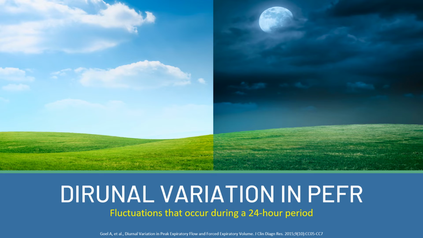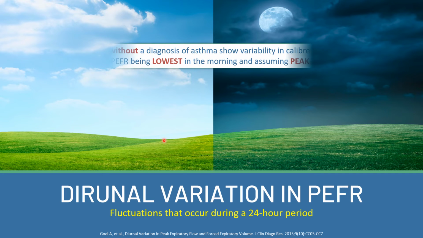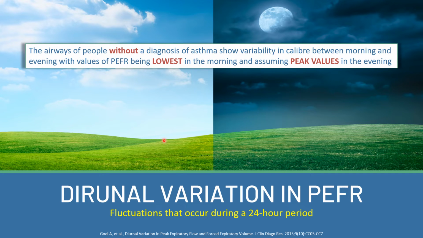So we're now getting into what I think is the best use of a peak flow machine in asthma. And it's to do with this thing called the diurnal variation, or lung function changes that occur between day and night, if you like. Now, all of us, even if you've not got asthma, our airways will show a difference between morning and night.